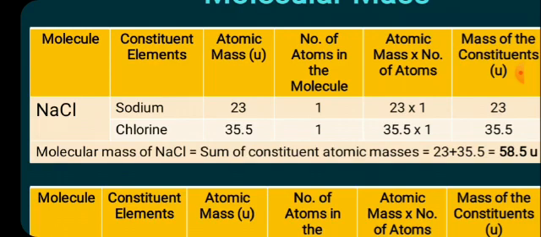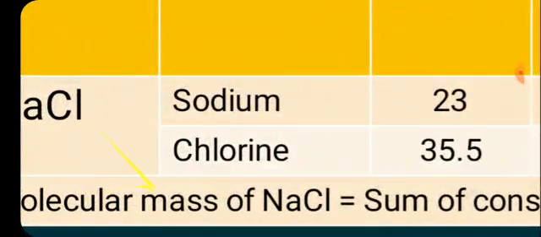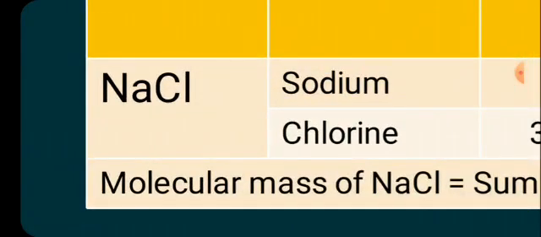Atomic mass of sodium is 23 Dalton and atomic mass of chlorine is 35.5 Dalton. Number of atoms in the molecule. In NaCl, there is a single sodium atom and a single chlorine atom taking part in the formation of sodium chloride.